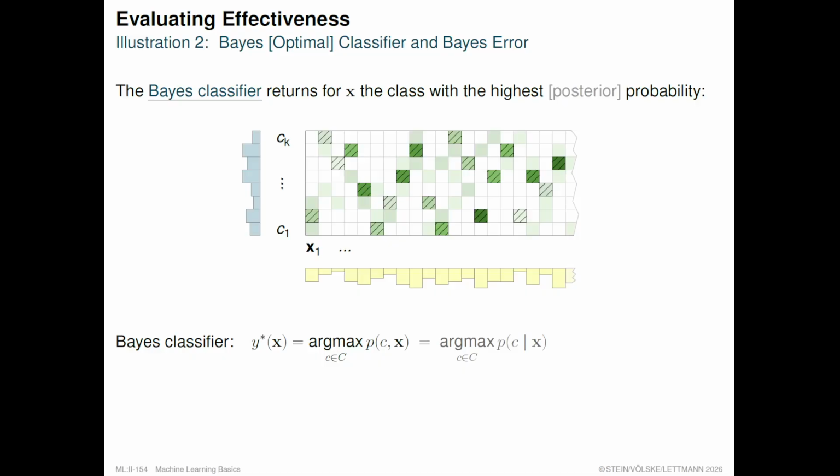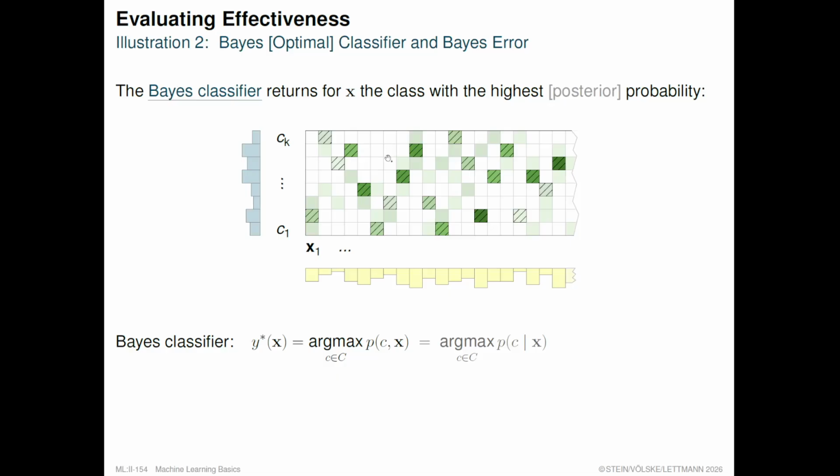The conditional probability is defined as the joint probability divided by the unconditional probability of our X. But if we are just choosing our C, so C is the only thing that we can vary here, then this denominator is constant. So it doesn't really matter whether we find the highest value for this or the highest value for that. This is why they are the same.